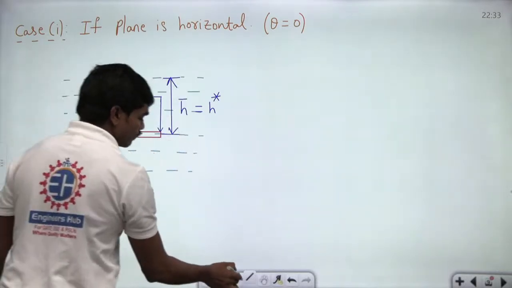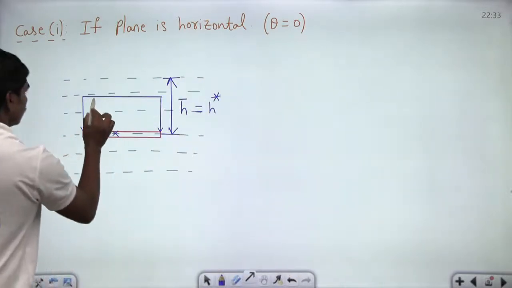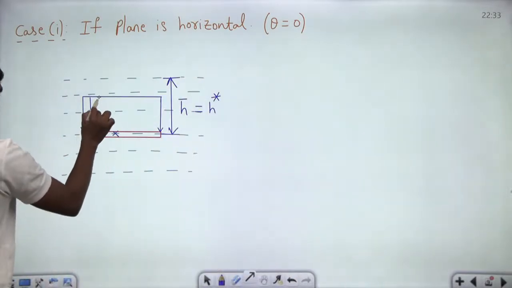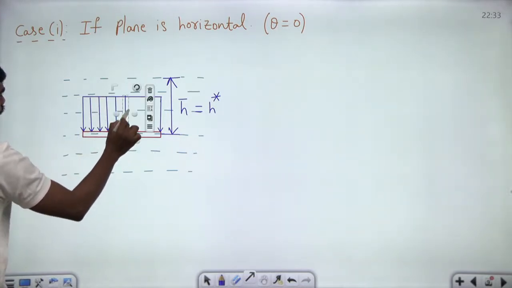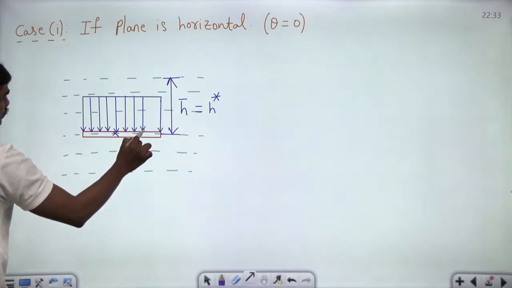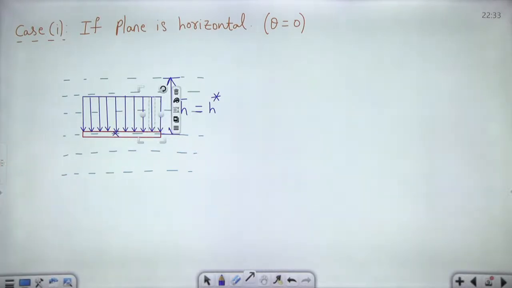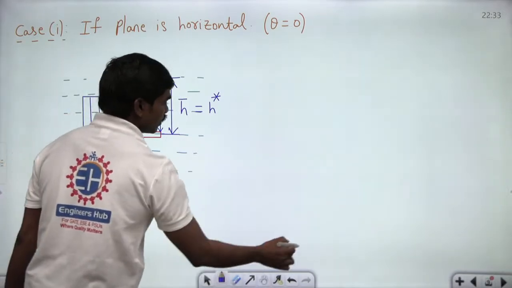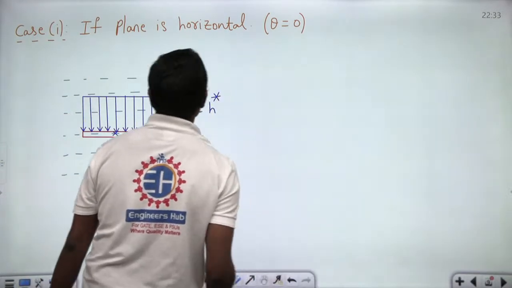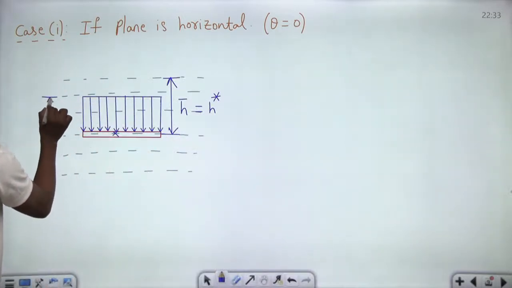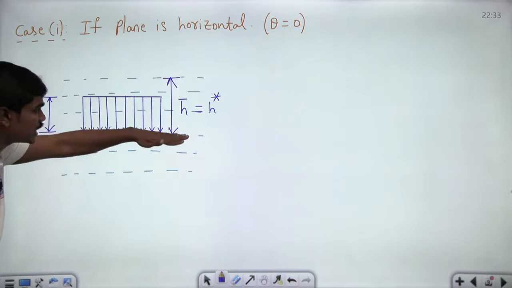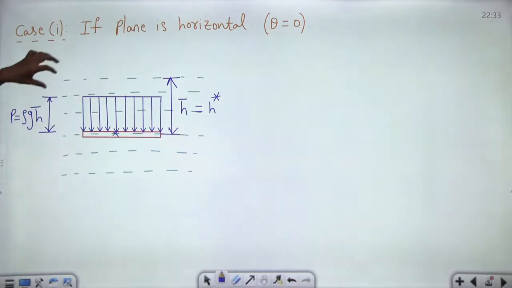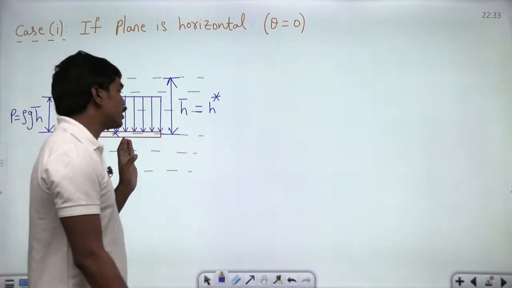Okay, fine. So, now let us see, this is your total pressure force which will be acting on this plate. What is this pressure? Definitely this P will be equal to rho g times h bar, correct? Because this plate is at a depth of h bar, and if I am talking about gauge pressures with respect to atmospheric pressure, then this P will be equal to rho g h bar.